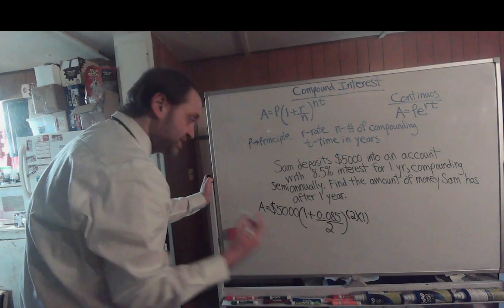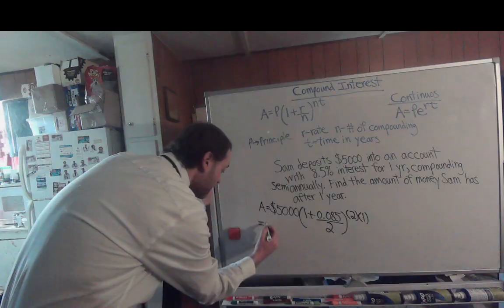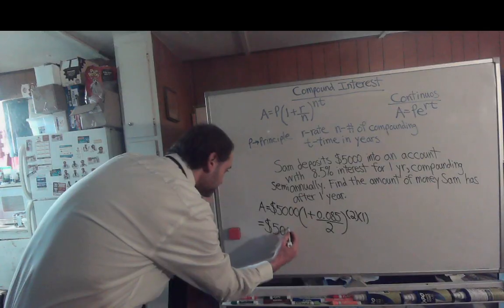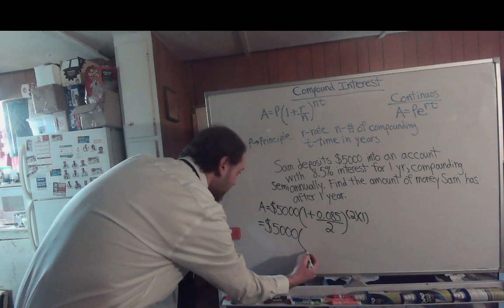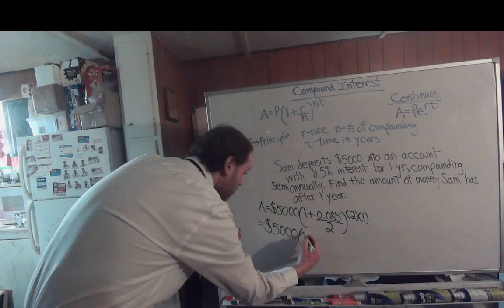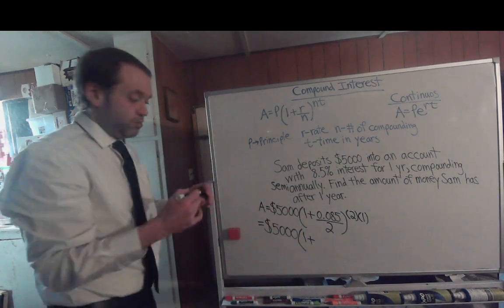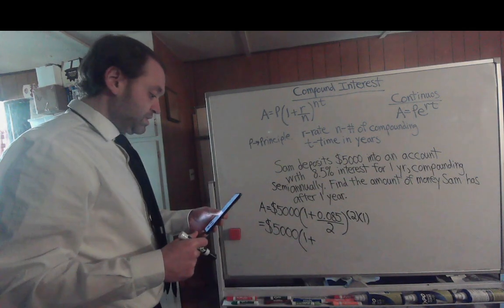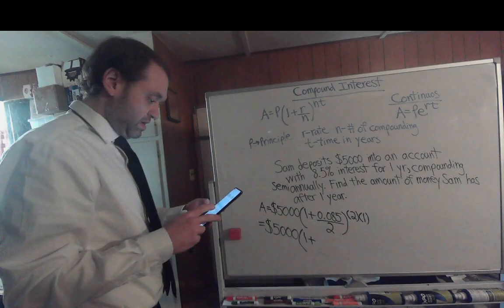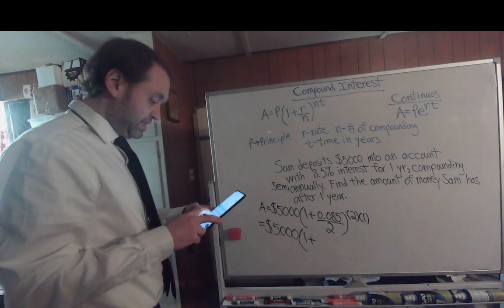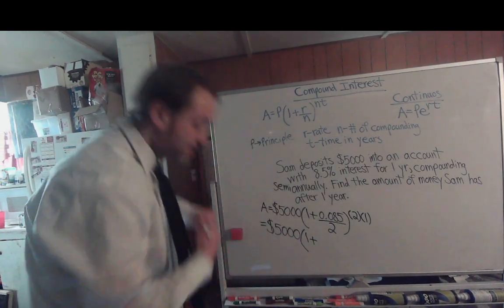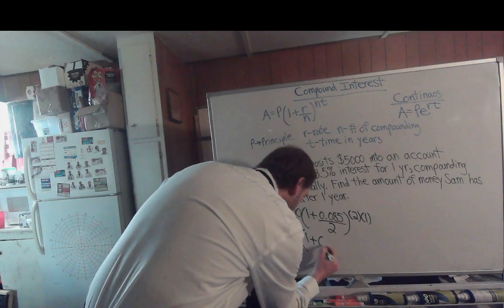So let's simplify this a bit here. That's going to equal 5,000 times, let's see, 1 plus, let's find 0.085 divided by 2. So we'll simplify this a little bit here. 0.085 divided by 2 is exactly 0.0425.